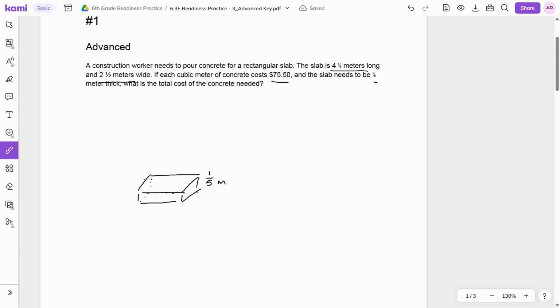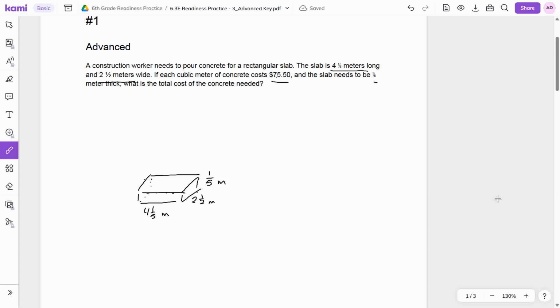Then I've got 4 1/5 meters long, and 2.5 meters wide. First off, I need to figure out what volume we're dealing with here, and then calculate the cost at 75.50 for each cubic meter.